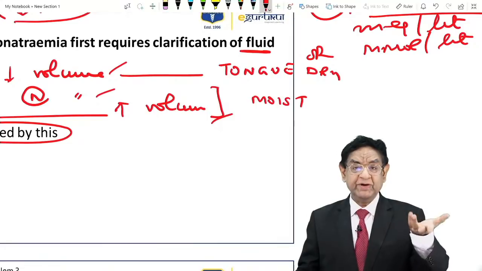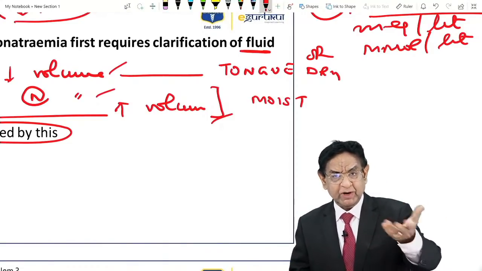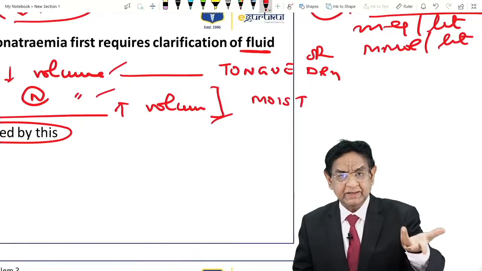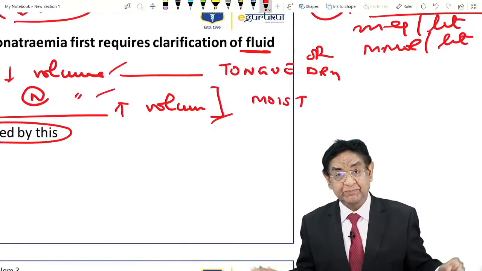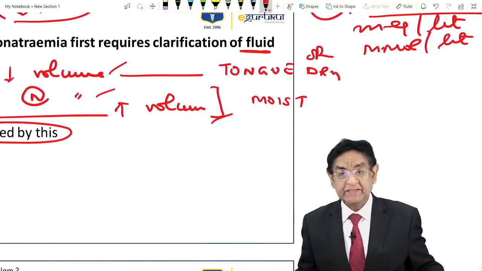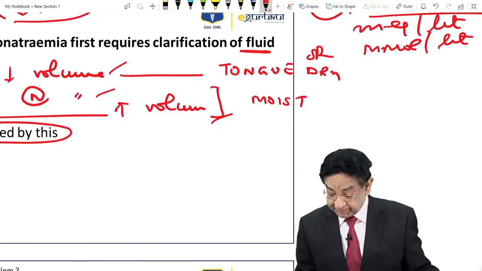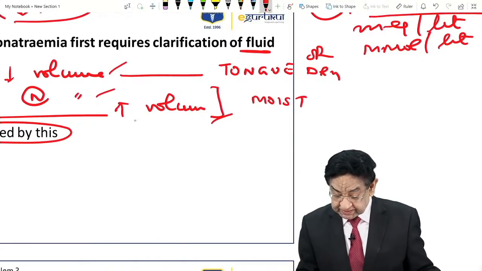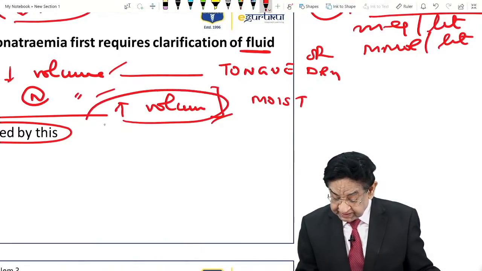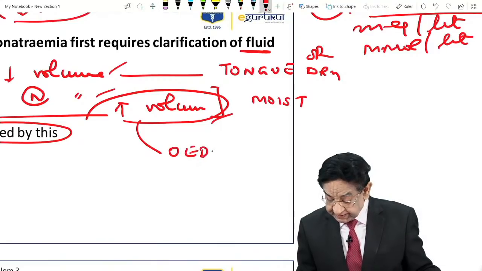So I made your work very easy. You got a report of hyponatremia, you ask the patient to protrude the tongue. Tongue is dry. Well, it's hypovolemia. Right, so we ruled that out. Now the rest two, where the tongue is wet, how to differentiate? Very simple. Where the volume is increased, they have edema of feet.